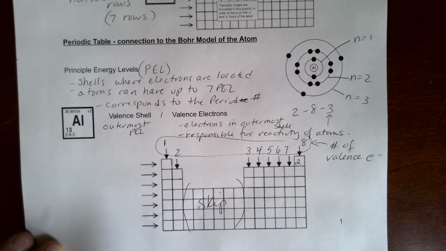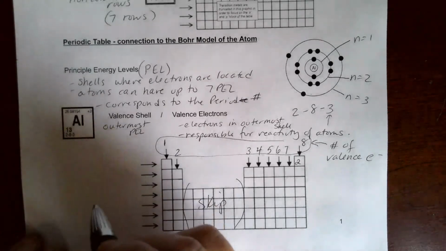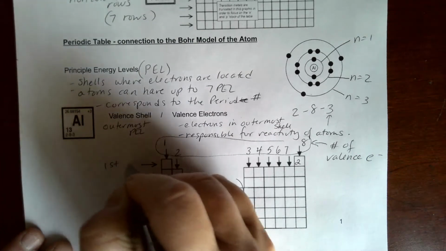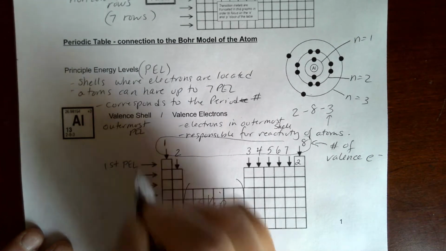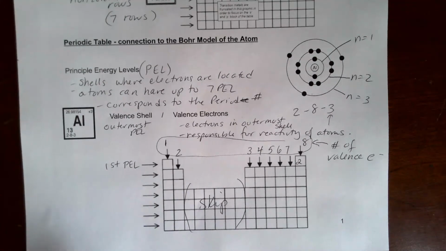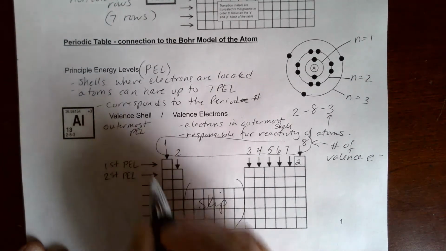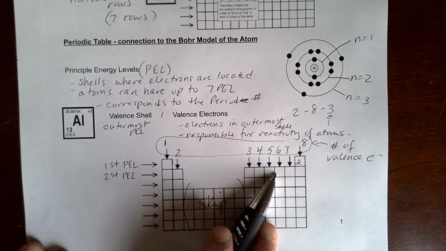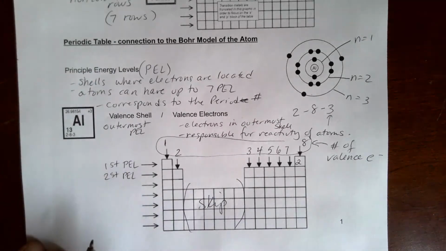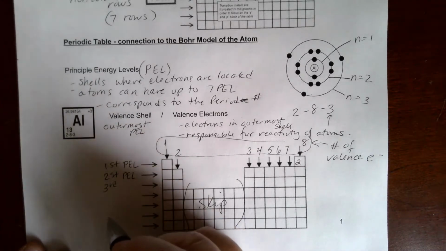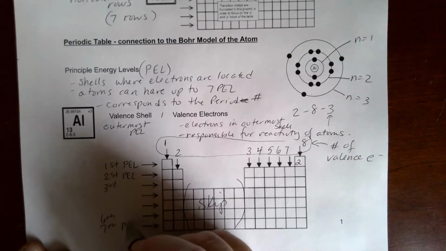Each row is a shell, a principal energy level. So this first period, these elements have electrons going into the first principal energy level, the first shell, right? And so we can keep going. The second period of elements have electrons going into the second principal energy level, and so on and so forth, all the way down till we get to the 6th and the 7th PEL.